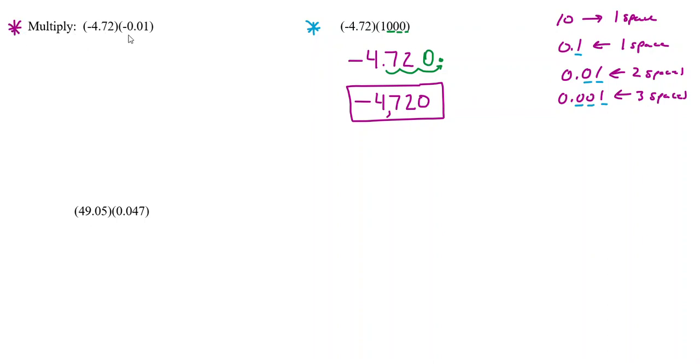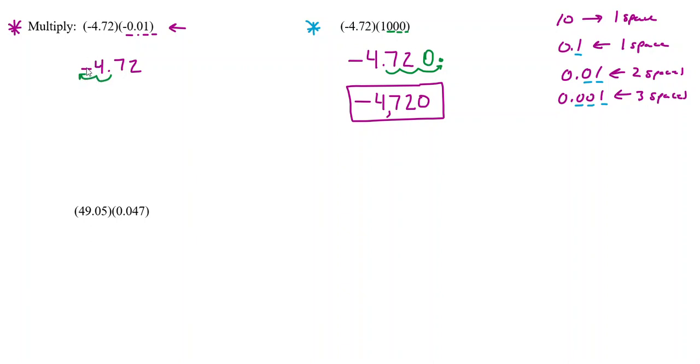So we're multiplying by 0.01, so we're going to move the decimal over 2 spaces to the left. We'll make it smaller. Multiplying by a really small decimal number means I'm making the answer smaller. So negative 4.72, we're going to move the decimal over to the left 2 spaces.